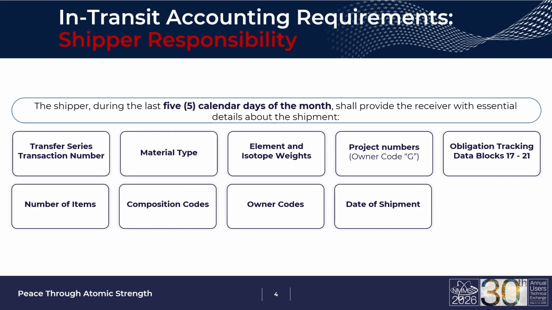What are the in-transit accounting requirements that are the responsibility of the shipper? The shipper, during the last 5 calendar days of the month, shall provide the receiver with essential details about the shipment that had taken place.